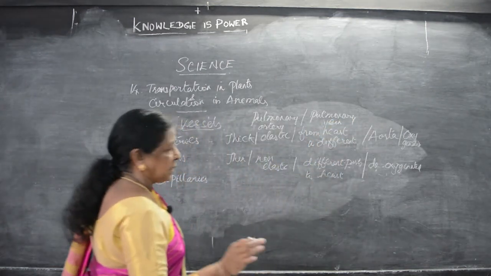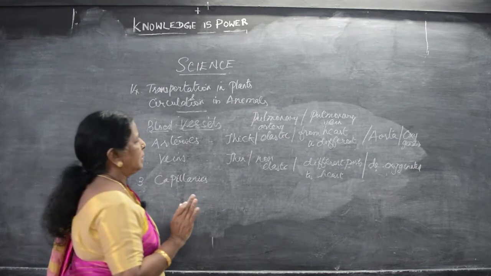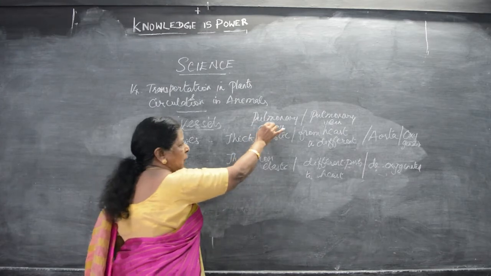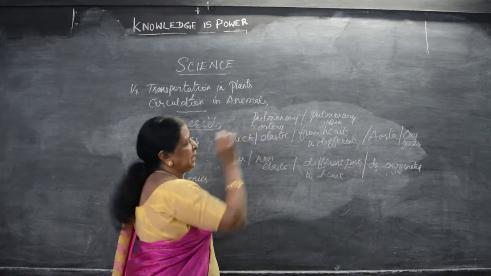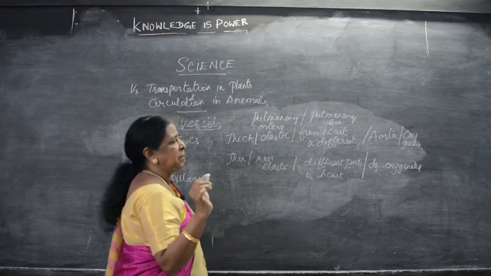Generally, we have studied just now, arteries carry oxygenated blood, but here the pulmonary artery alone carries deoxygenated blood. In the same way, the pulmonary vein carries oxygenated blood.